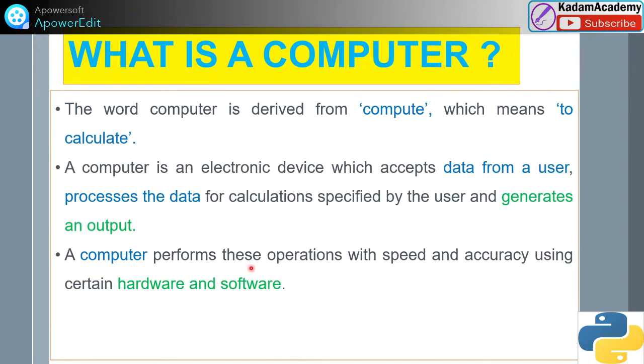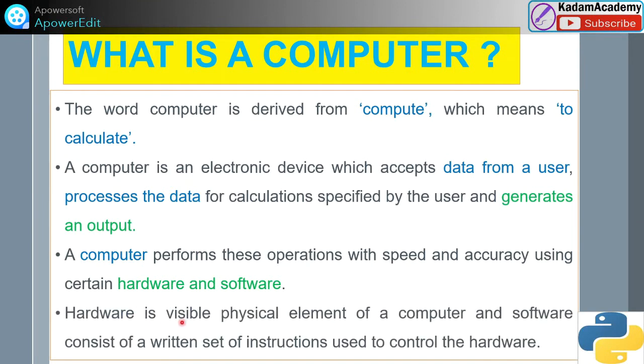The computer performs these operations with speed and accuracy using certain hardware and software. Hardware is the visible physical element of a computer, and software consists of a written set of instructions used to control the hardware.